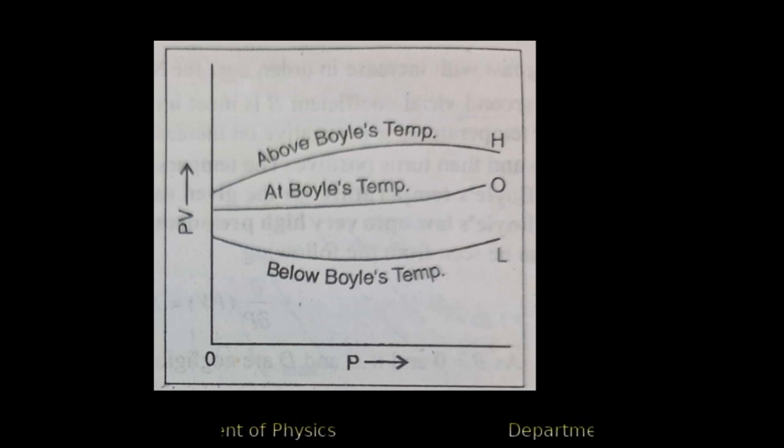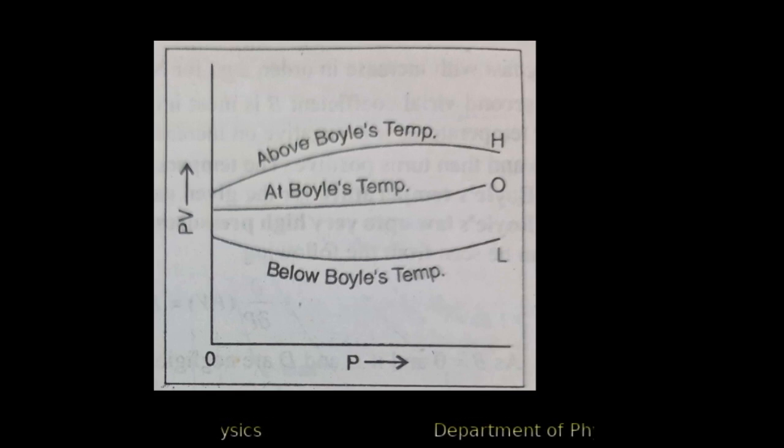The easily liquefying gases such as carbon dioxide and ammonia exhibit more deviation from the gas equation. The permanent gases such as nitrogen, hydrogen, oxygen do not exhibit much deviation from the equation PV equals RT at normal temperature and normal pressure.